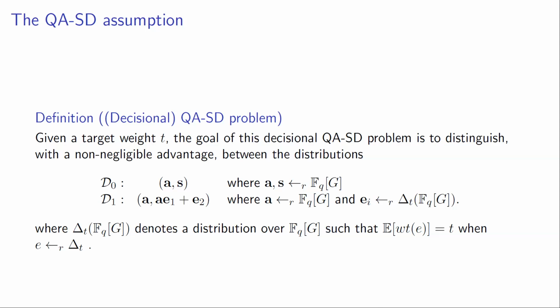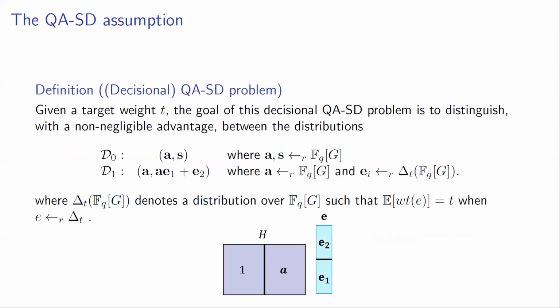So here you can see what I mean by canonical notion of sparsity, because the sparseness is given by the fact that in FQG you have a canonical notion given by the elements of the group.